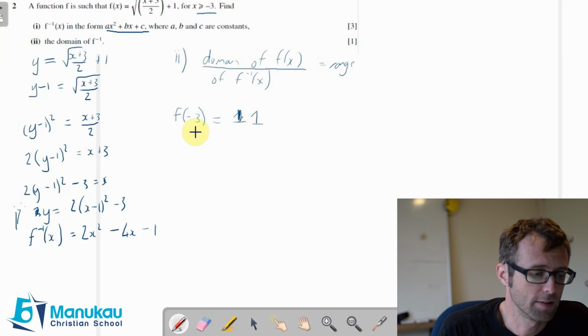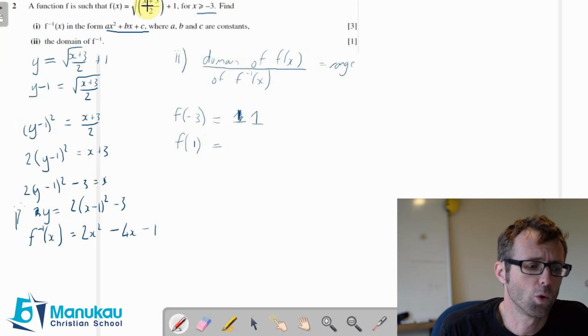Okay, let's go to f of 1. 1 plus 3 is 4, divided by 2 is 2, square root of 2, so this one will be 1 plus square root 2.